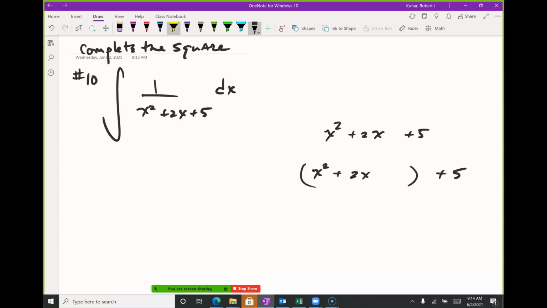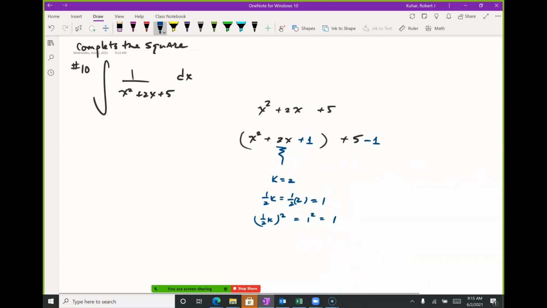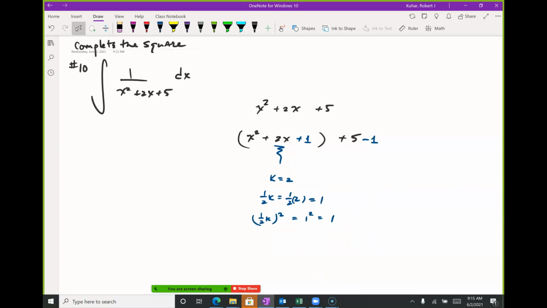I call this value k, and I get half of k, and then half of k quantity squared, and I'm going to add it on the inside and subtract it on the outside.